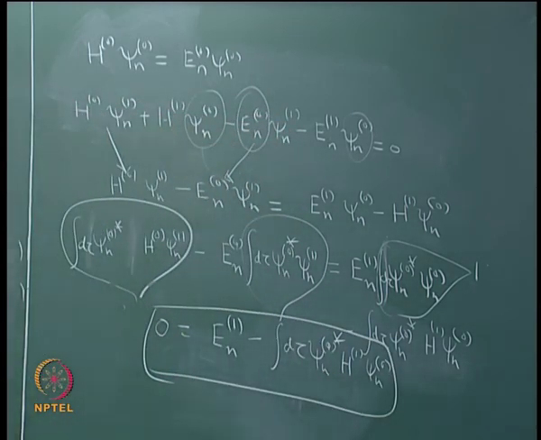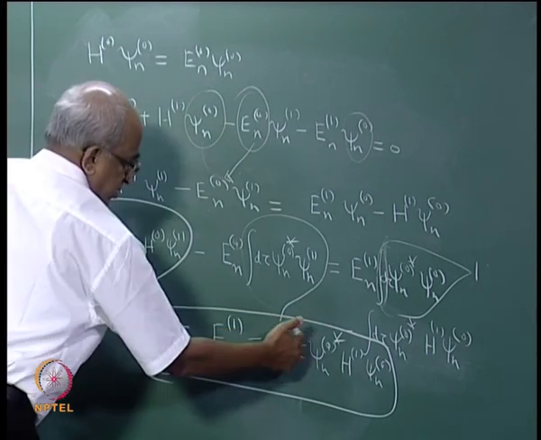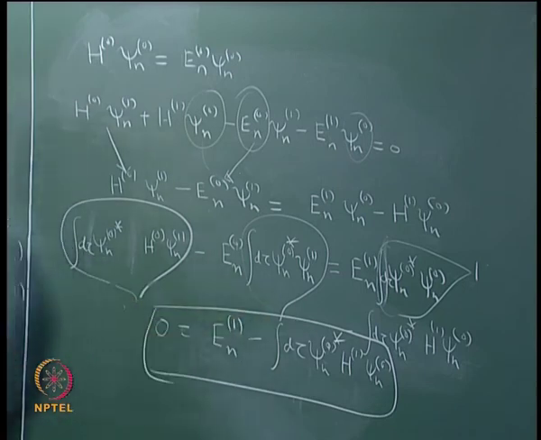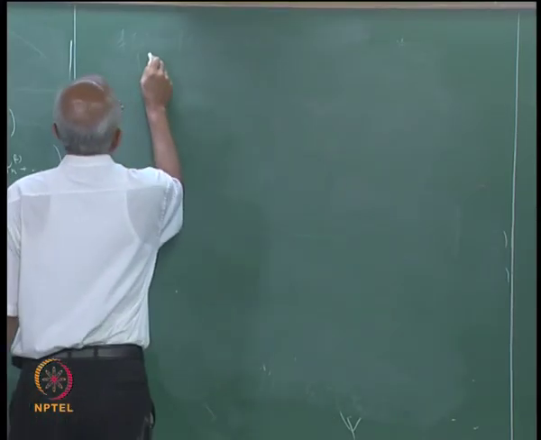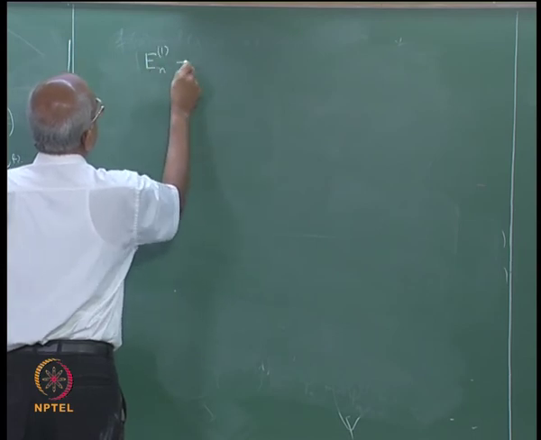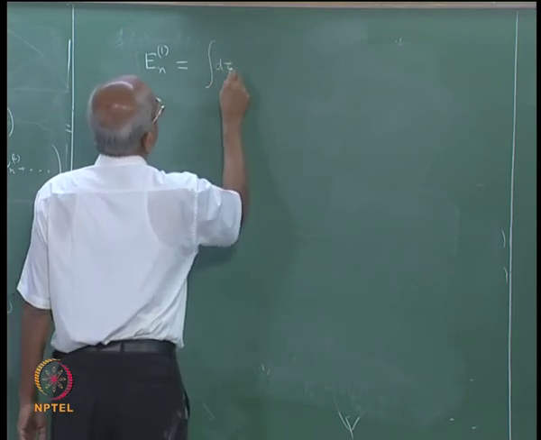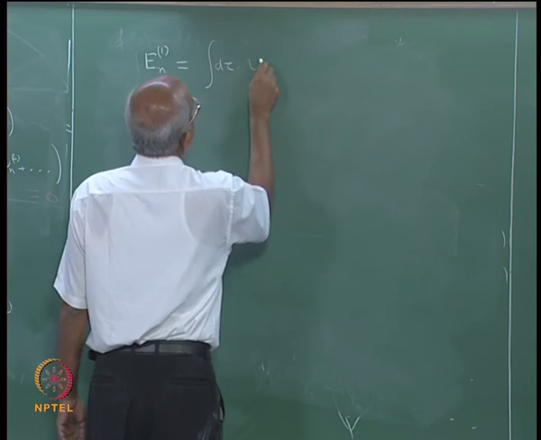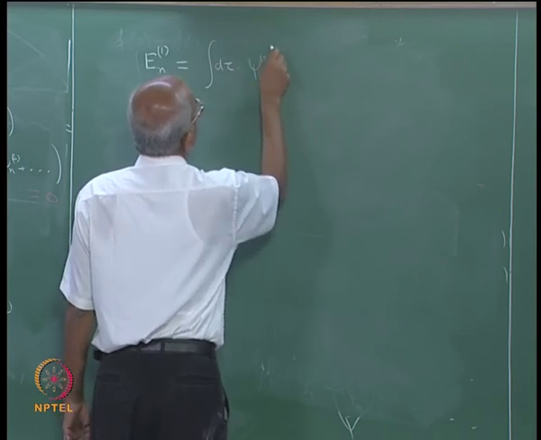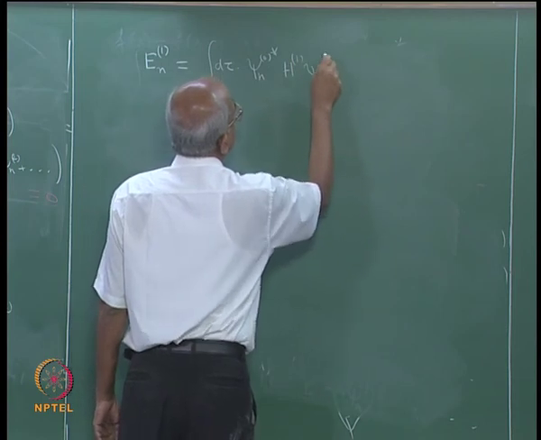Well, I will write that equation once more, so that the idea is very clear. There is a 0 here, so I will take this to the other side. I can write it as an equality sign. So, what do I find? I find E n1 is equal to the integral of d2 psi n0 star H1 psi n0.